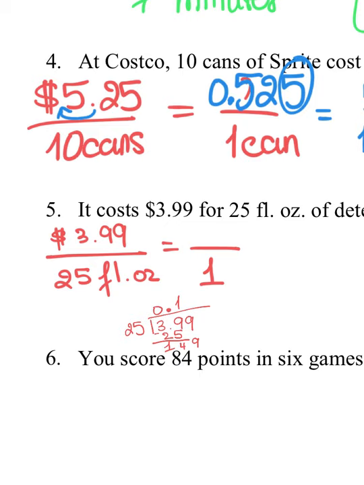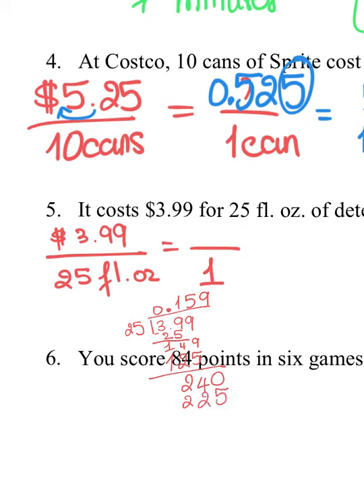149 divided by 25. How many times? 5 times. 5 times 25 is 125. I'm gonna subtract. 9 minus 5 is 4. 2. Okay, borrow 0. 240 divided by 25 will get me a 9. 25 times 9 get me 225. Now, I'm gonna stop right here.